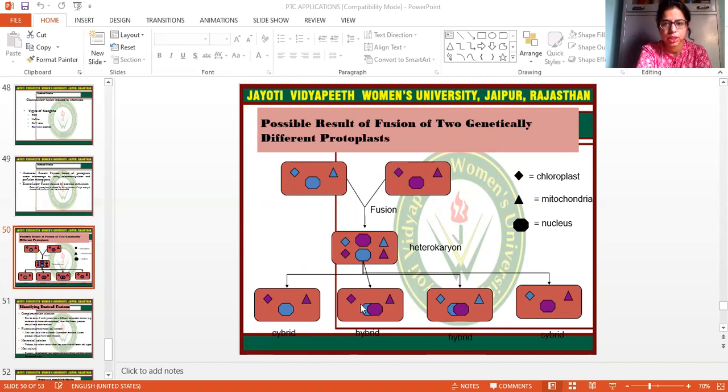These two results are hybrids, and the other two are also called hybrids because in this fusion only one parental nucleus is present and the second is not. The final product has the cytoplasm of both parents, but still only one nucleus of one parent.